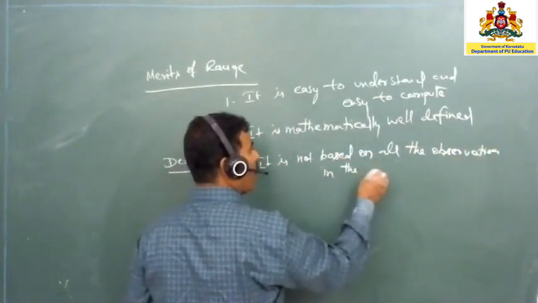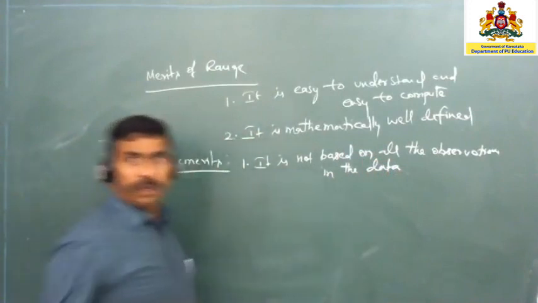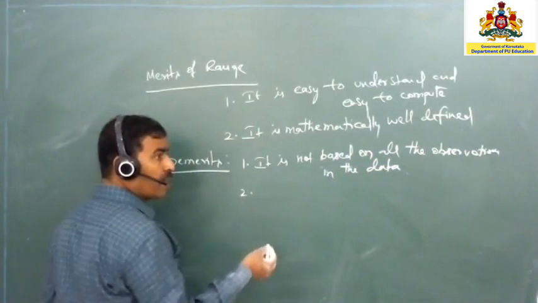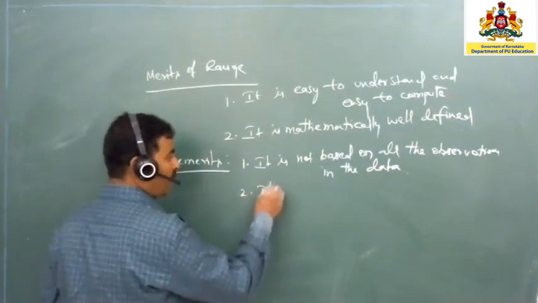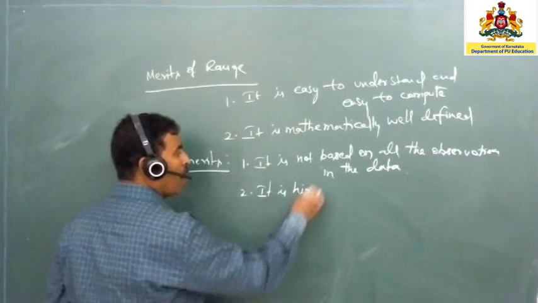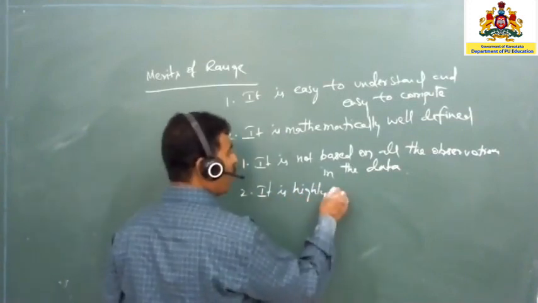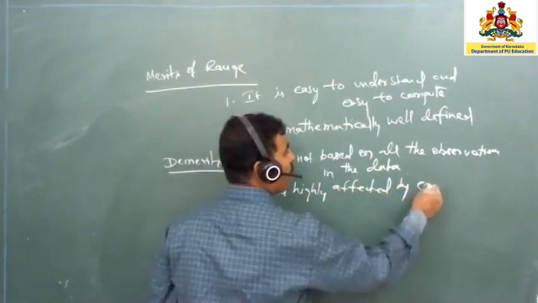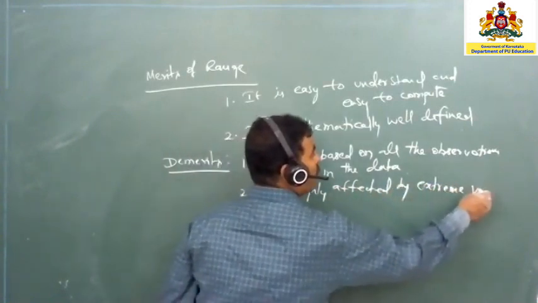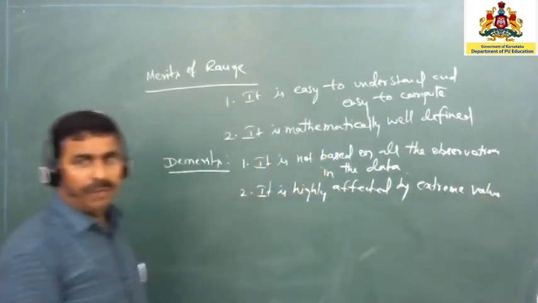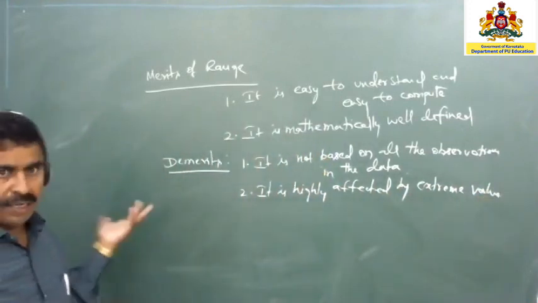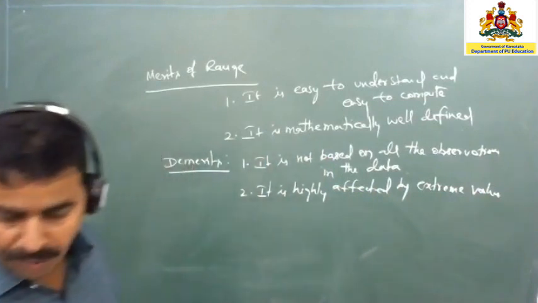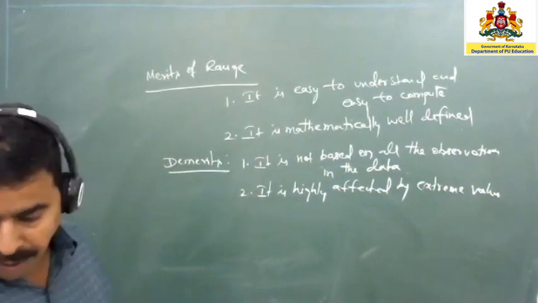It is highly affected by extreme values. Extreme values means ending values. It is not based on all the remaining values, only extreme values, highest value minus lowest value. So it is highly affected by extreme values.